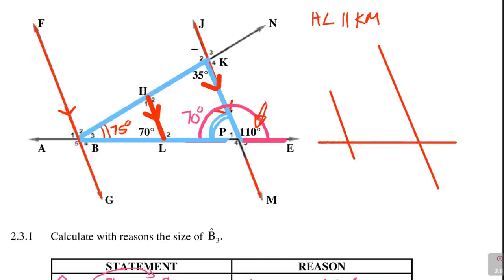Now pay attention. This one is my HL, this one is my KM. Now, you remember we did find P1. Look at this. Now, which angle is equal to P1 if these two lines are parallel?